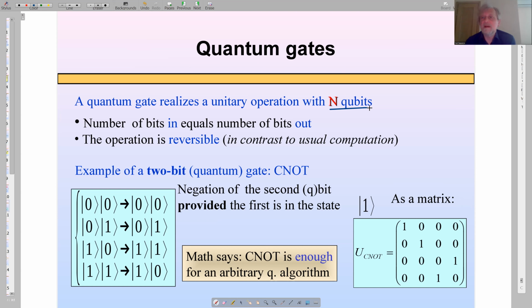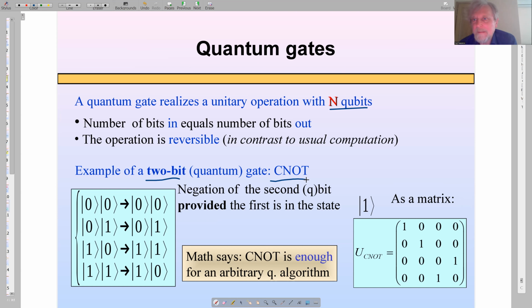However, it can be proven that the simplest gate, which involves only two qubits, called CNOT, can be used as a base element, and by combining CNOT on different qubits and single-qubit operations, one can build a universal quantum computer.